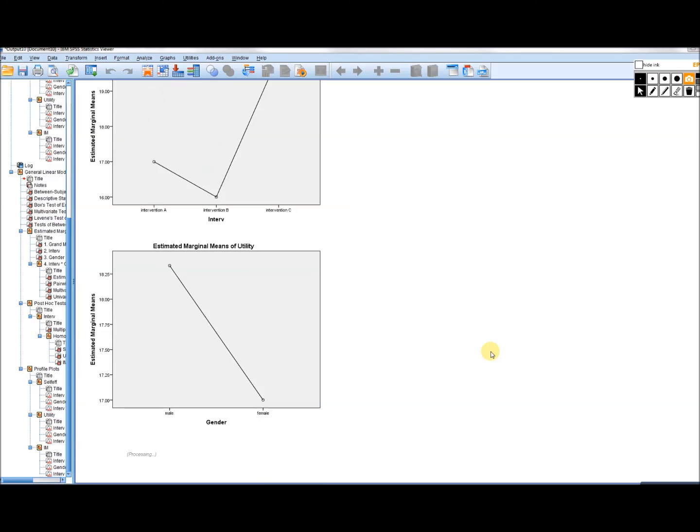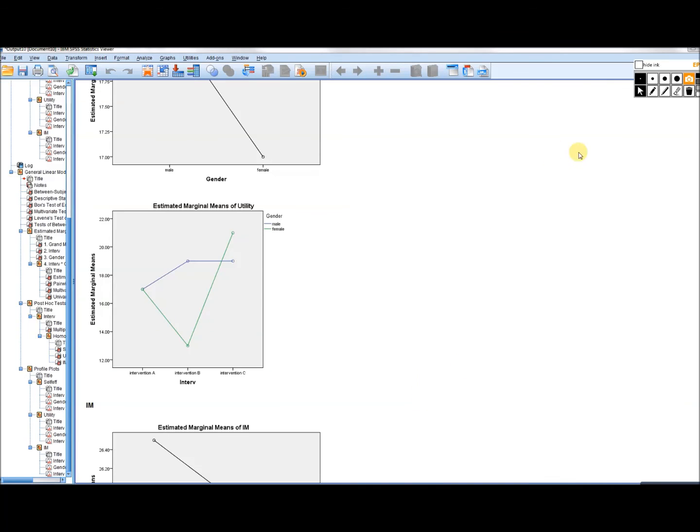So scrolling down and looking at our utility profile plot, you can see that there was no difference between males and females in intervention A. You can see males scoring higher than females in intervention B, and that difference was significant. And then in intervention C, males scoring lower than females, and that difference was significant.